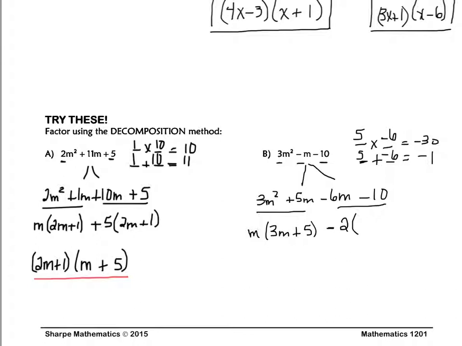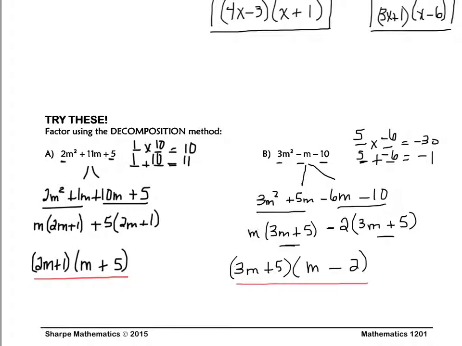So that would give you 3m plus 5, because you've already taken the negative out. And again, you've got the same thing left inside the brackets, so you pull that out as a GCF, and you get 3m plus 5. If you take it out of the first group, you're left with m, and if you take it out of the second group, you're left with minus 2. So there are your factors for your trinomial.